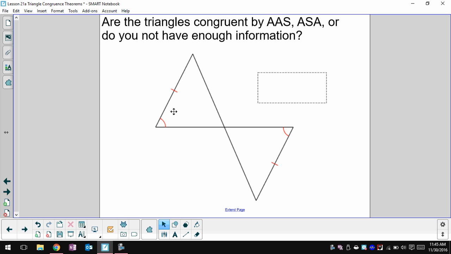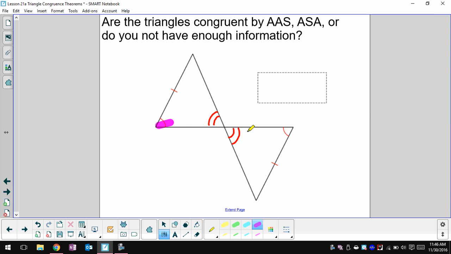So let's do another one of these together. Here, when I have vertical angles, and we've been using vertical angles all year, I can mark that they're congruent to each other. I'm going to use two little arcs because I see that I have one pair of angles that's already congruent to each other using one arc.